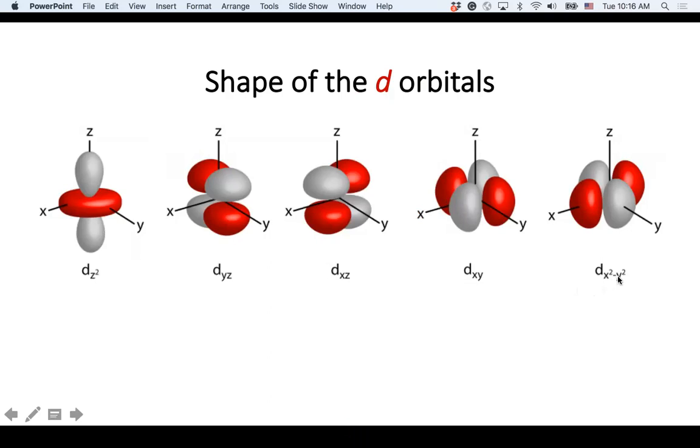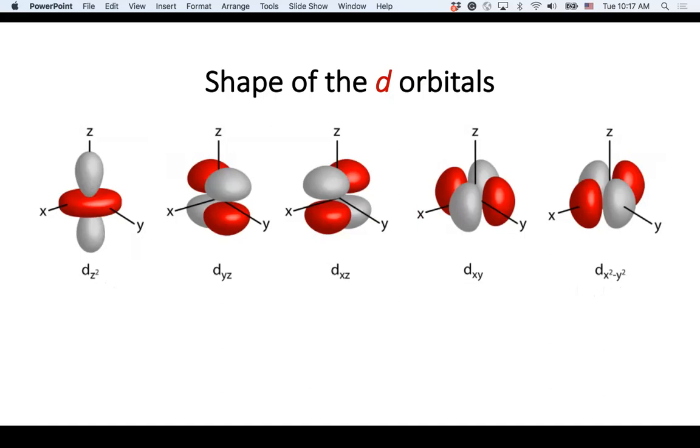Those are the names representing these orbitals. They basically represent the symmetry property of the orbital. For example, z squared means plus Z and minus Z directions are the same. If you flip the Z direction, the orbital is the same.